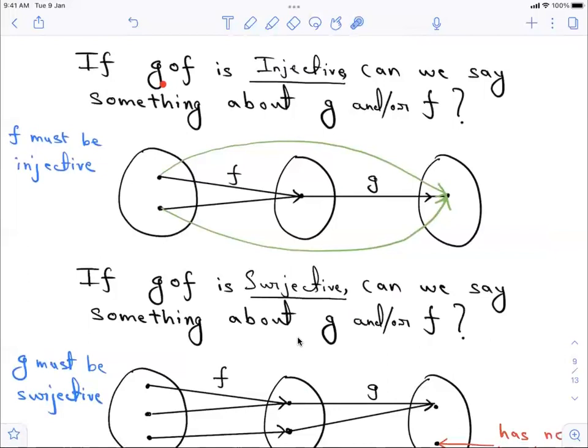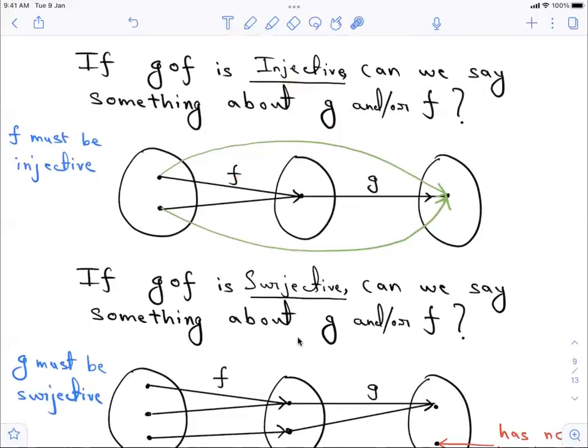For example, if I tell you that the composition of two functions is injective, can you say something about these functions, G and F? Well, if the composition is injective, the immediate consequence is that this first function F must be injective.